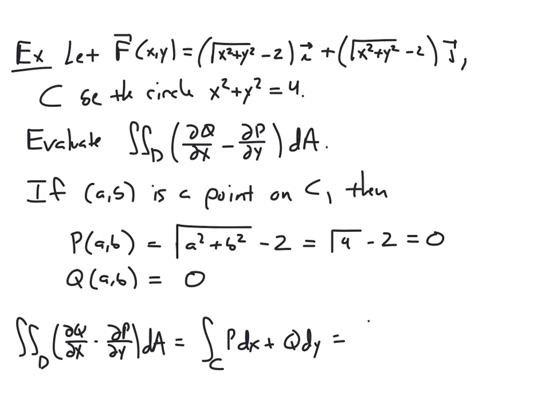And as we just saw, on this circle C, the P function is just 0, and so is Q. Right? And so if we integrate the 0 function over any curve C, we get something equal to 0. So this double integral has to be equal to 0. We don't have to go through the process of finding those derivatives, subtracting them, converting everything to polar coordinates, and then actually integrating. We see that when we do all of that, we're going to get 0 as our final value.